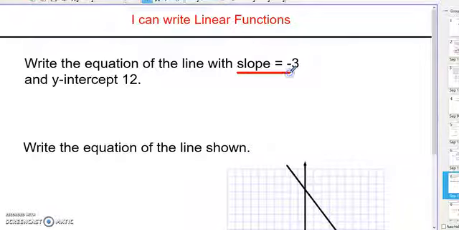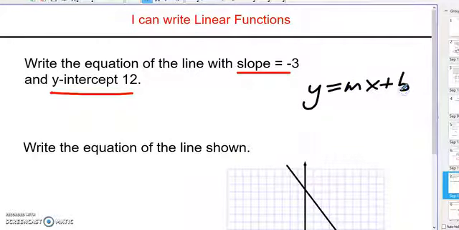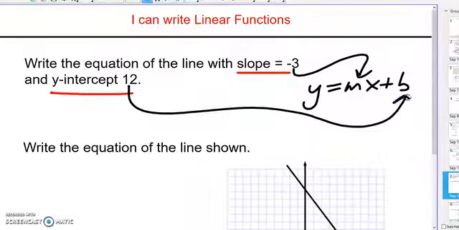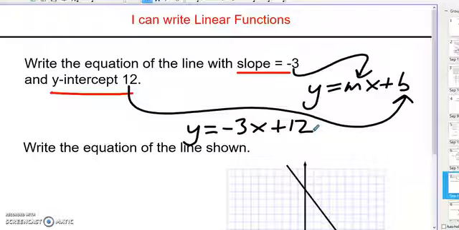And when given the slope and the y-intercept, the fastest way to do it would be to use y equals mx plus b, where we can plug the slope in there and the y-intercept in here, and we're done. We have the equation of the line. So this becomes y equals -3x plus 12. And that's it. That's the equation of the line.